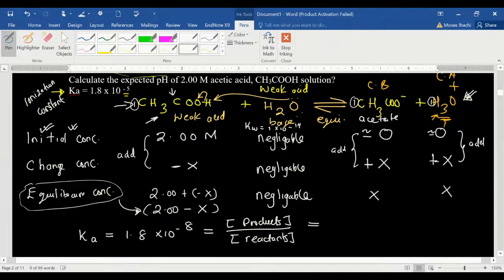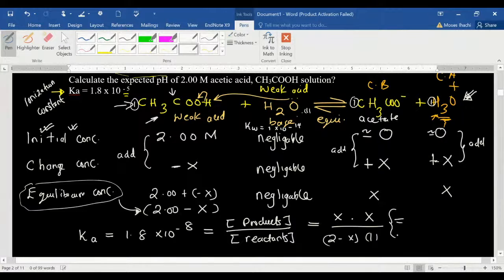In this case, our products are acetate and H3O plus. Our concentrations are X, X. We don't know, we are going to look for X. And then our reactants are H2O and weak acid. So H2O is a liquid, so its concentration will be taken to be 1. And then the concentration of acetic acid at equilibrium is 2 minus X.